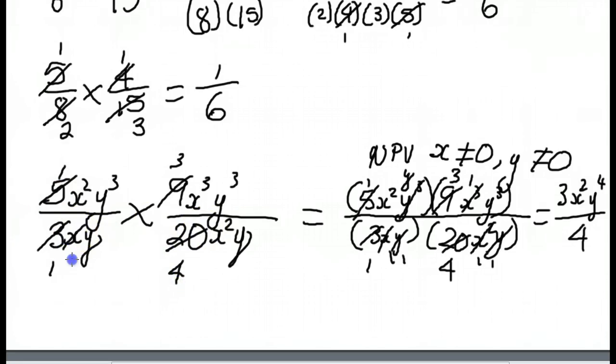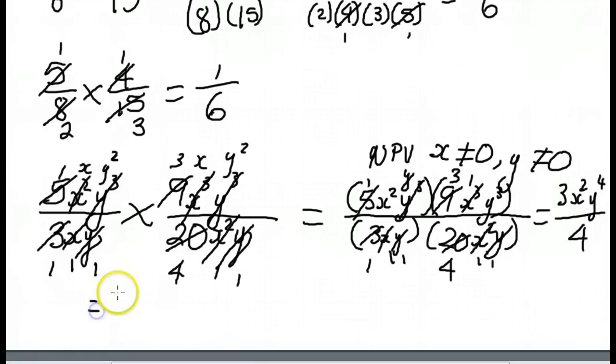We could cancel this x with this x squared, leaving an x, this y with this y cubed, leaving a y squared. The x squared with the x cubed, leaving an x, and the y with the y cubed, leaving a y squared.